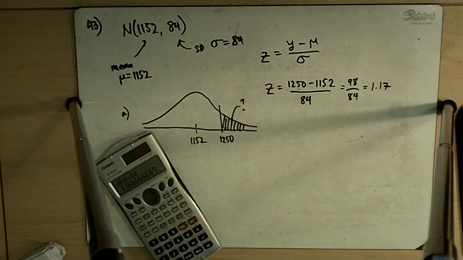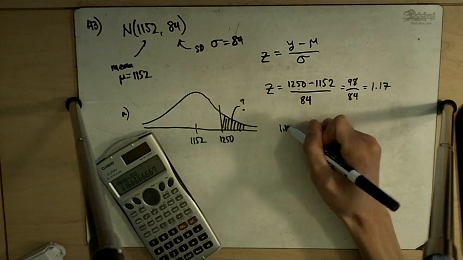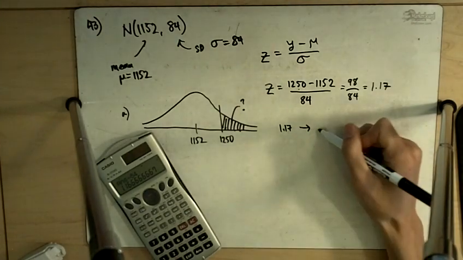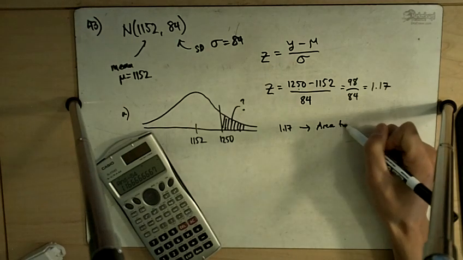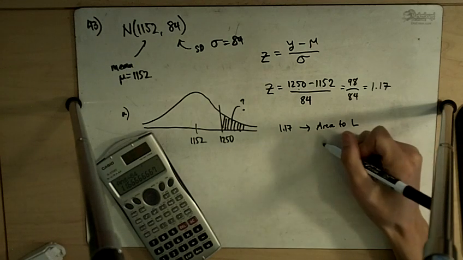If we look up 1.17 in the z table, the area to the left of 1.17 is 0.8790.